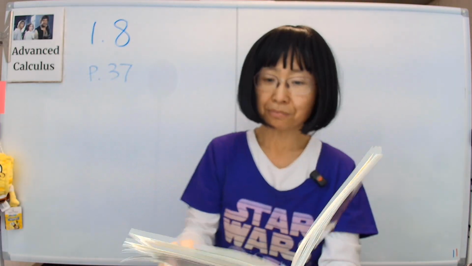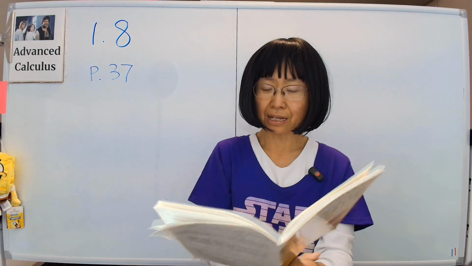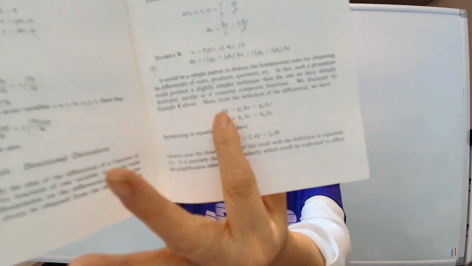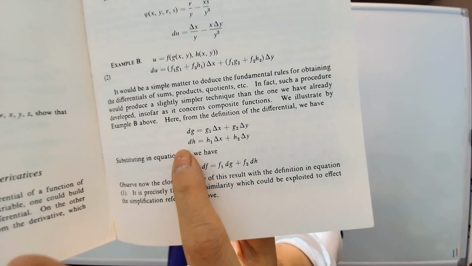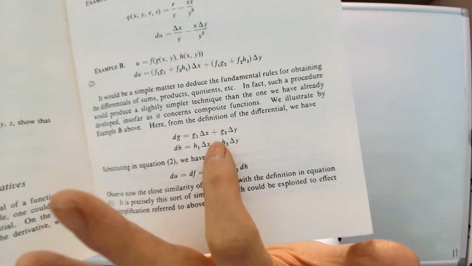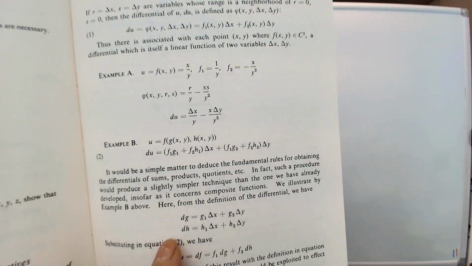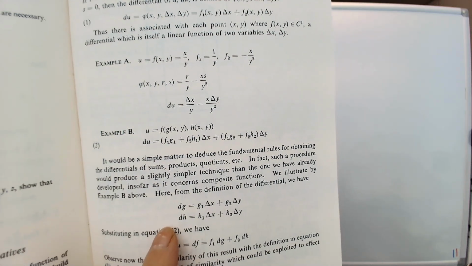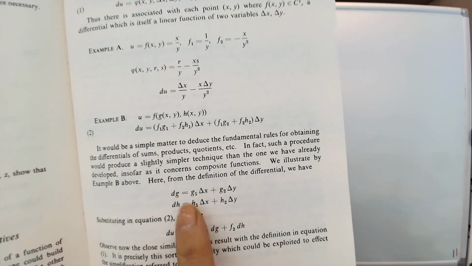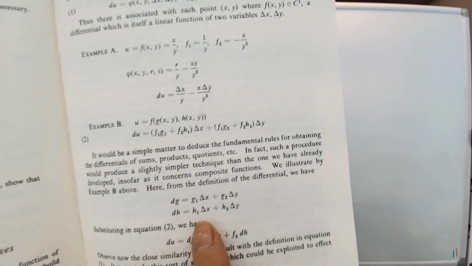All right, so moving downward, you notice that dg, that is each individual function here, we're still talking about example B, okay? So dg would be g1, according to the formula on top, right? Formula 1 on top of the page. So dg will be g1, g2 times delta x, delta y, and dh similarly.